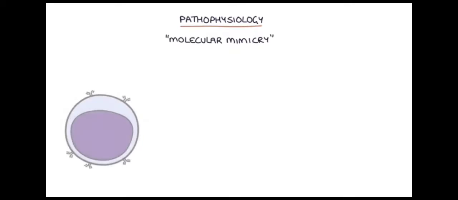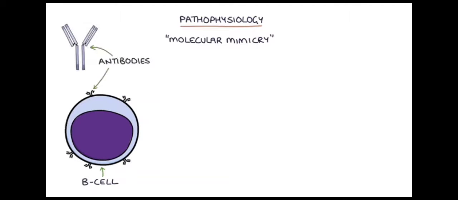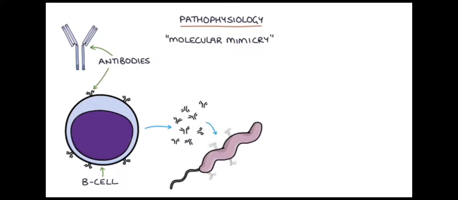So what's the pathophysiology? Guillain-Barre is thought to occur due to a process called molecular mimicry, and this is where the B cells of the immune system create antibodies against the antigens on the pathogen that's causing the preceding infection. So if they've got a Campylobacter gastroenteritis, the B cells of the immune system create antibodies against that Campylobacter.